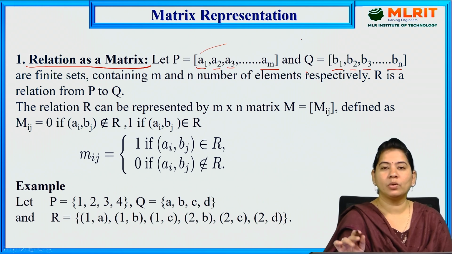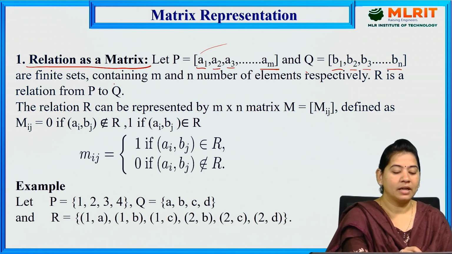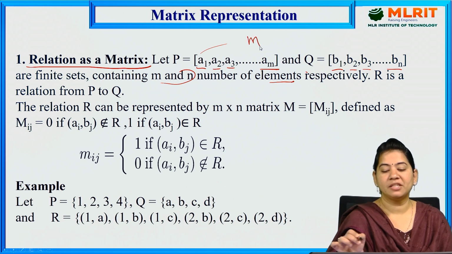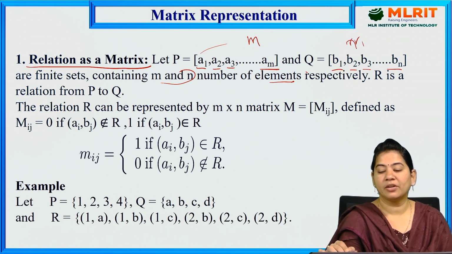Let P and Q be finite sets containing m and n number of elements. The number of elements in set P is m, and the number of elements in Q is n.